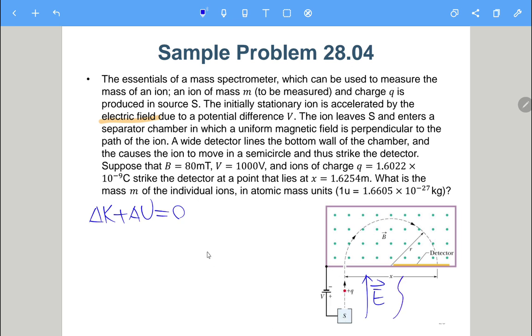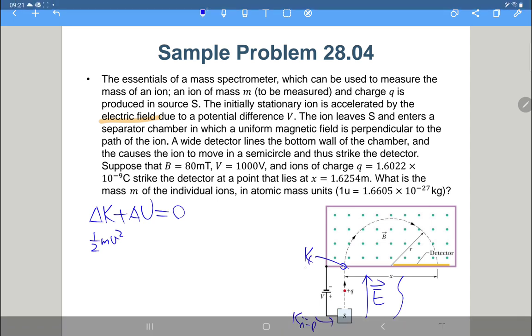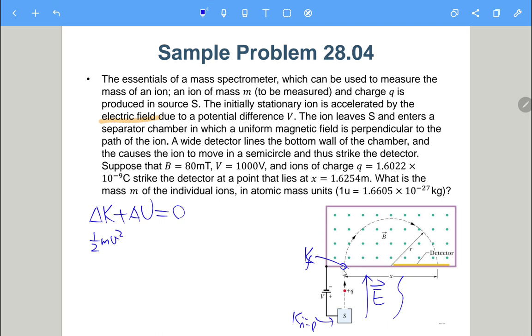Initially the kinetic energy is 0, and then it will accelerate. So delta K will be nothing but half of mv squared. Here Ki equals 0 and this is Kf, so it is half of mv squared, where we assume the velocity here is v.